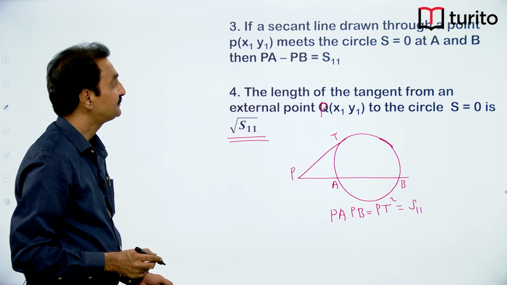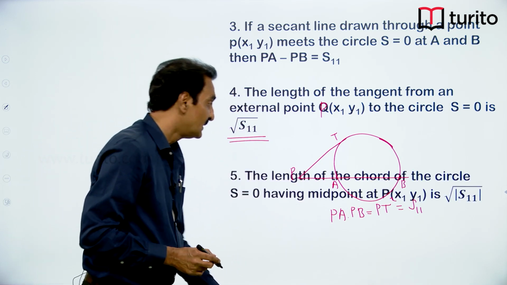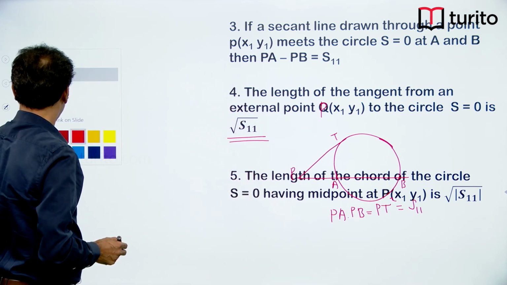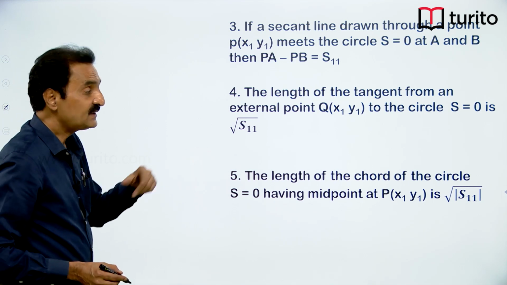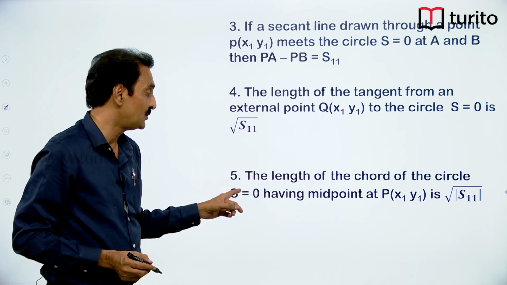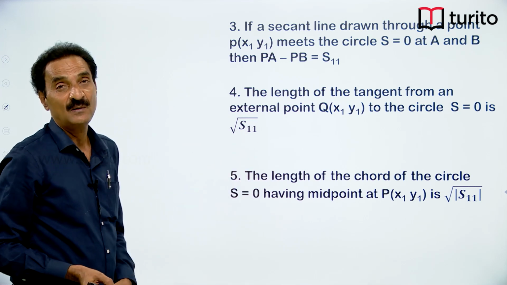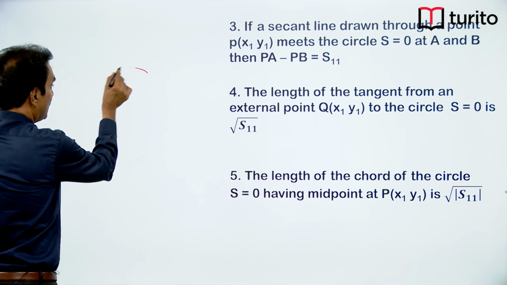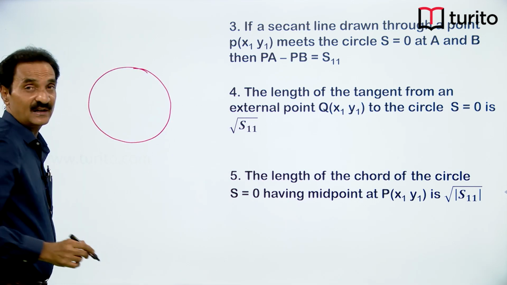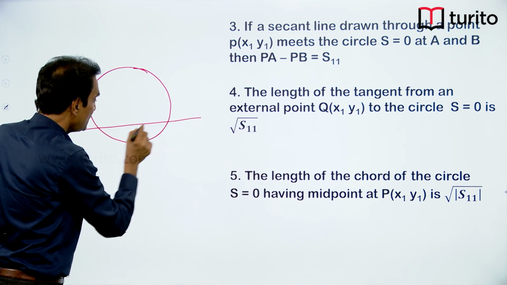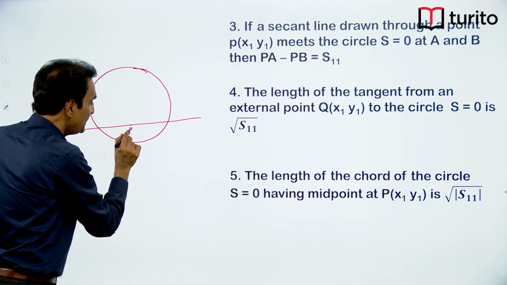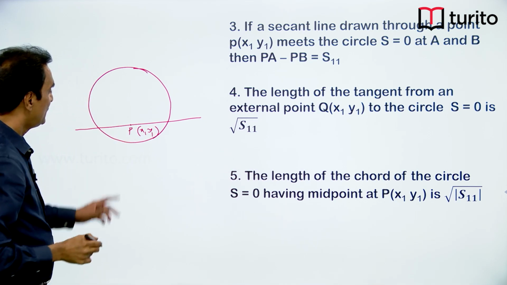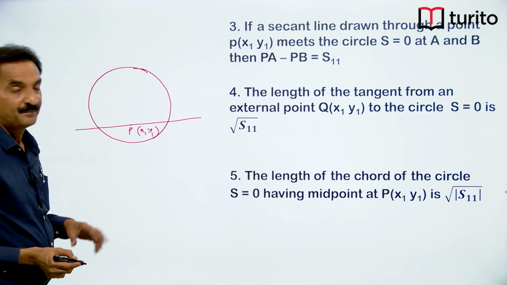Next point, the length of the chord of a circle S is equal to 0 having midpoint at P(x1, y1) is 2 root over mod S11. Take a circle like this, draw a chord, let the midpoint of the chord be P(x1, y1). Now, I want the length of the chord.